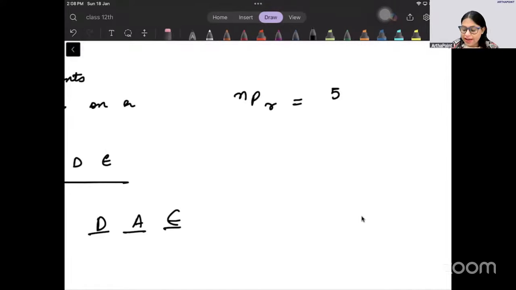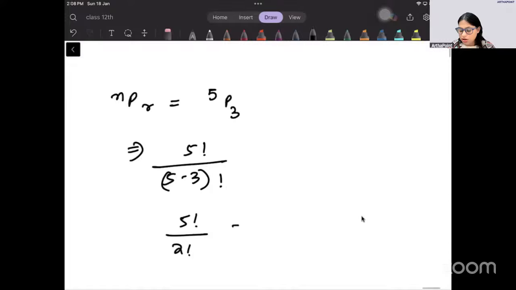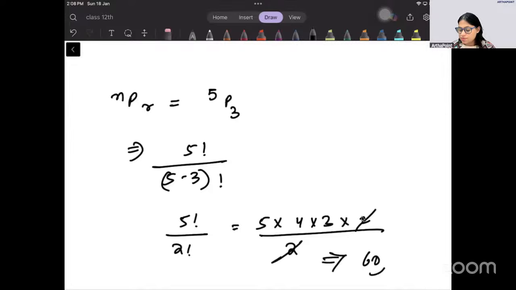So it will be 5P3, as I need 3 students at a time. So 5 factorial by 5 minus 3 factorial, so 5 factorial by 2 factorial. So you have 5 into 4 into 3 into 2 by 2, and this will give you 60. Right? Exactly. So ये हो गया हमारा first thing that the order matters.